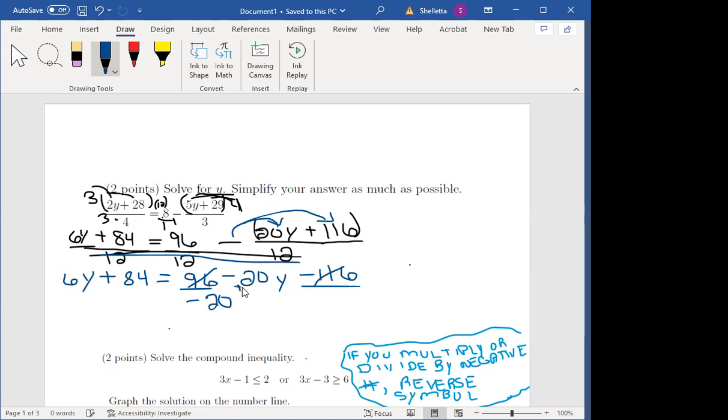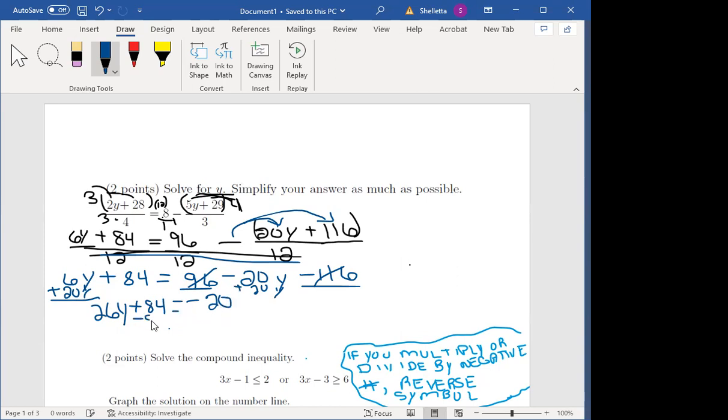So we're going to go ahead and add 20y to both sides of this equation. All right, so that'll give us 6y plus 20y, that'll give us 26y plus 84 equals, and this negative 20.